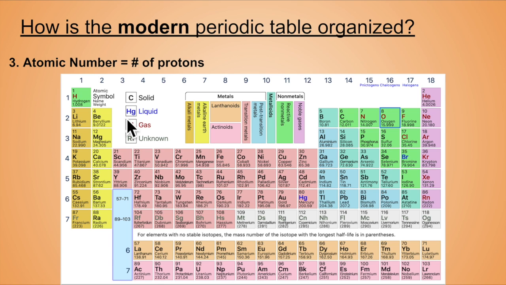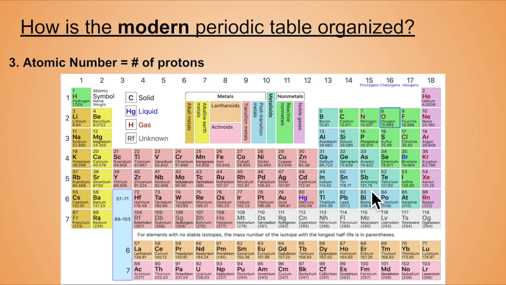So Mendeleev organized his based on the mass, but the mass was almost always correct in order, but once you start getting into these bigger elements, you notice that the mass changes. Like let's look at tellurium, for example, and iodine.